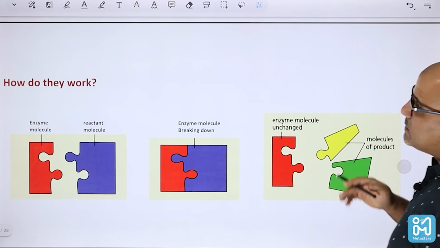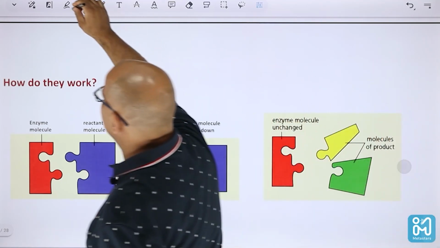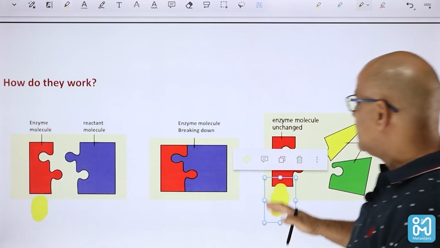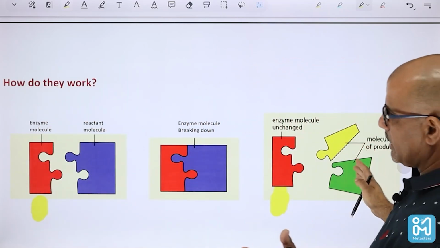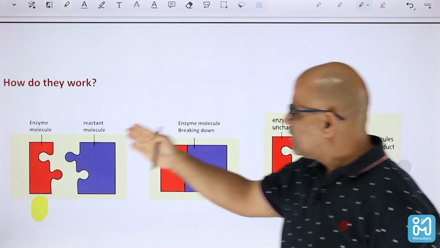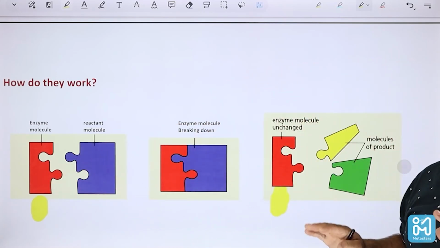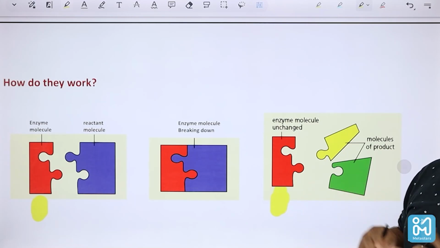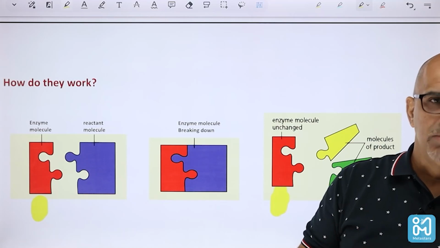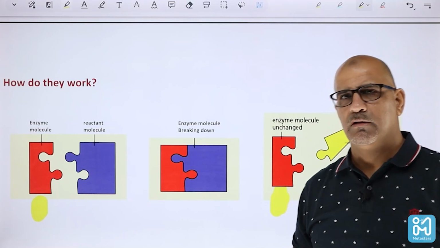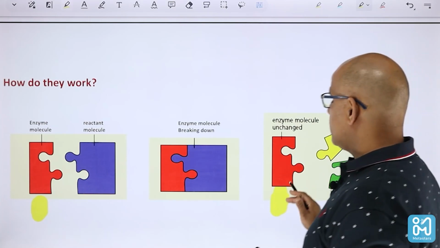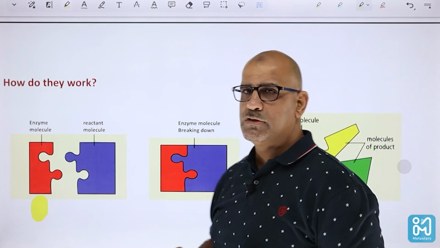But the important thing is to see that the catalyst stays the same. It is unchanged. You see, the red shape stays the same. This proves that the catalyst was unchanged in the chemical reaction. That's why the catalysts are used.